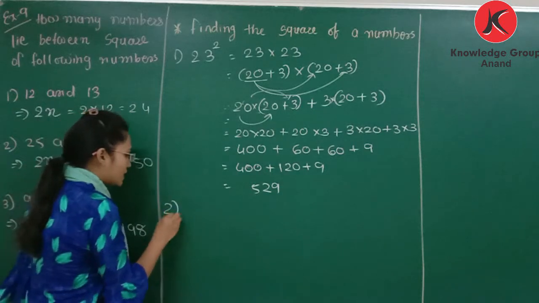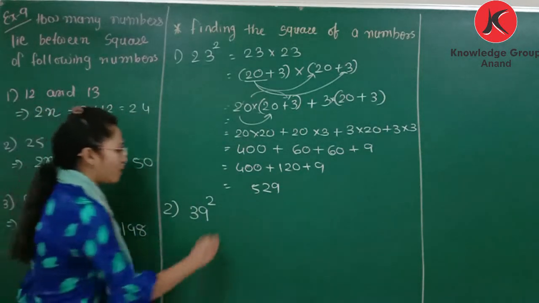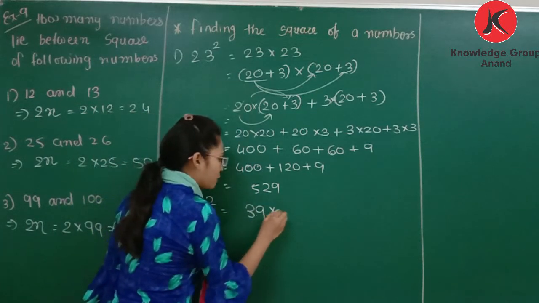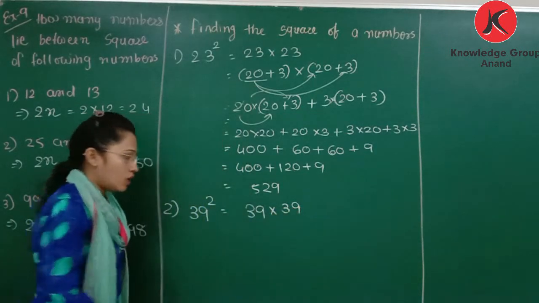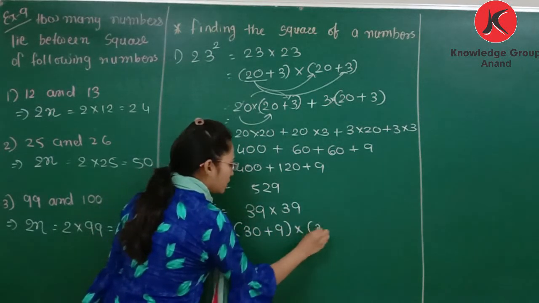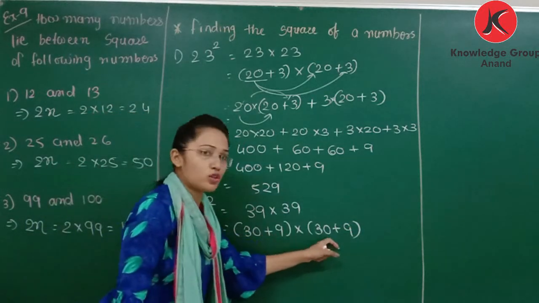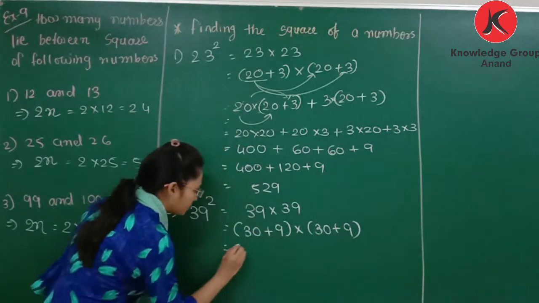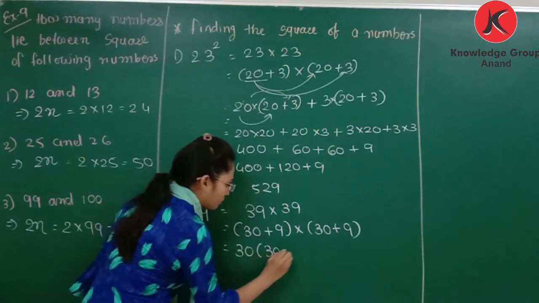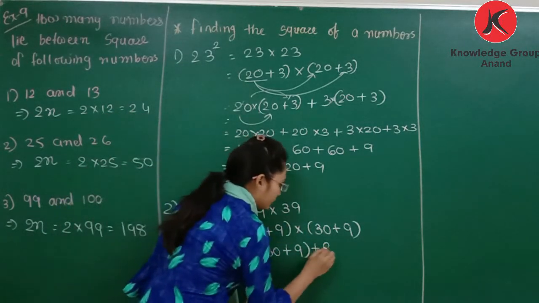Now one more example, 39 square. 39 can be represented as 39 multiply 39. It is 30 plus 9 multiply 30 plus 9. So 30 is multiplied with the whole 30 plus 9, and 9 is multiplied with 30 plus 9.